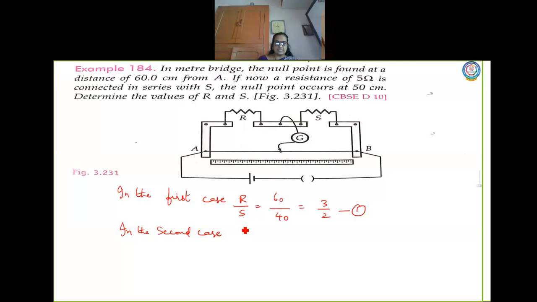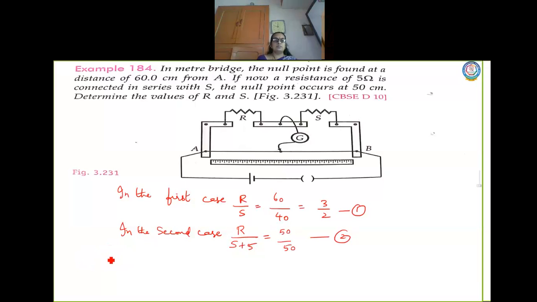So in that case, I have R by S plus 5. Okay, so S plus 5. Now this is equal to, the null deflection occurs at 50 centimeter from A. So numerator I have 50, denominator also I have 50. So this is my second equation. Okay. Now the question is, determine the values of R and S.